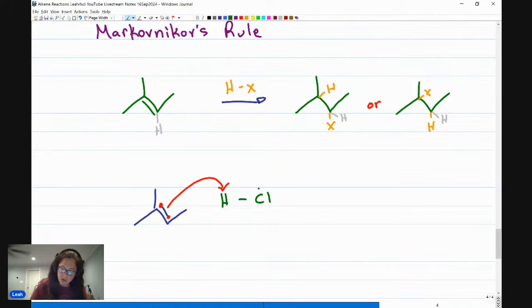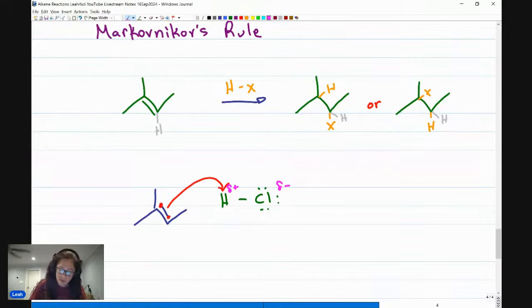The chlorine, being a highly electronegative atom, is pulling electron density away from hydrogen. And the hydrogen becomes very partially positive because the nucleus is exposed. When that happens, the pi bond is attracted to the partially positive hydrogen. That is my electrophile. That is where the electrons are going to go.